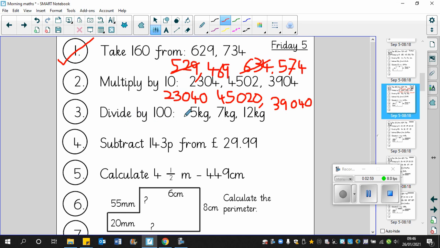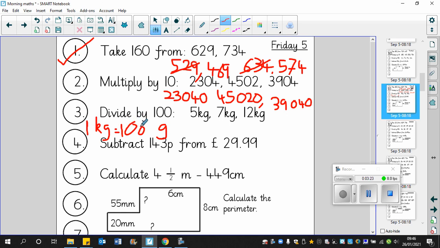Right, divide by 100. Now this starts to get a little bit tricky because 1 kilogram, 1 kg, is equal to how many grams? How many grams is 1 kilogram? Do you remember what I said that kilo stands for? So it stands for 1,000, doesn't it?